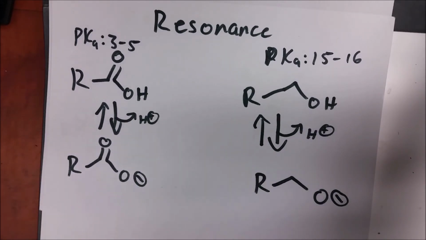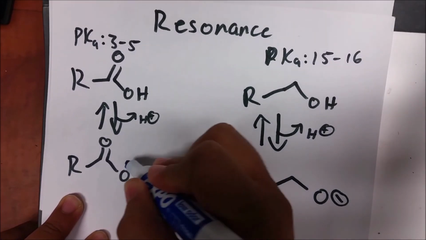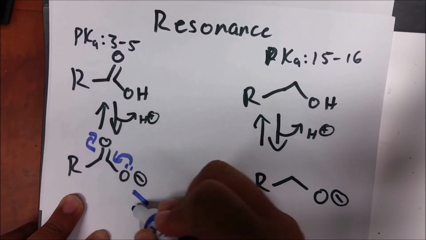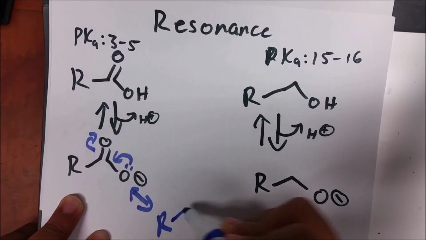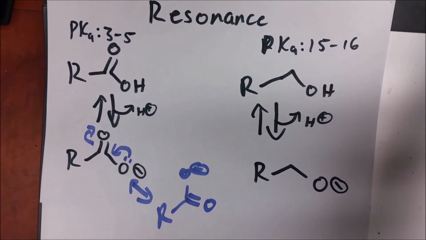But in the case of the carboxylic acid, as you can see, we have these two lone pairs that can come in and kick this out and form this resonance structure. So the carboxylic acid is able to delocalize that negative charge where the alcohol cannot do that. So pKa gets lower when the conjugate base is more stable.